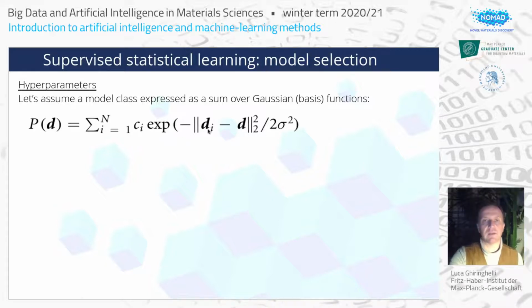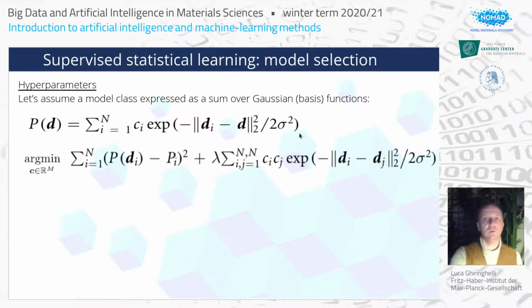I can always do that, and this is, let's say, the descriptor for a specific data point, and this is the descriptor for the material, the data point for which we want to evaluate the property, and what we have are these linear coefficients Ci, one for each data point.